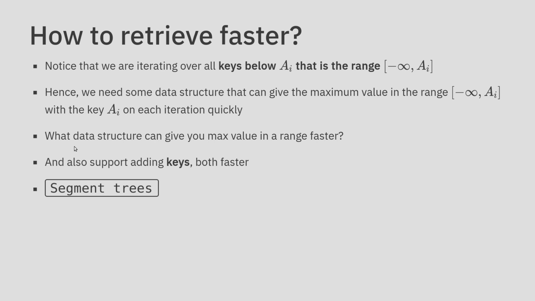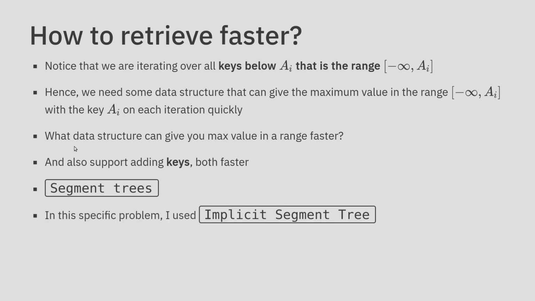So in this specific problem I used implicit segment trees because the keys that we are going to update in our data structure can be very large, up to the power 10 raised to 9 or 10 raised to 15, or even negative. So a basic segment tree won't be able to handle that case.